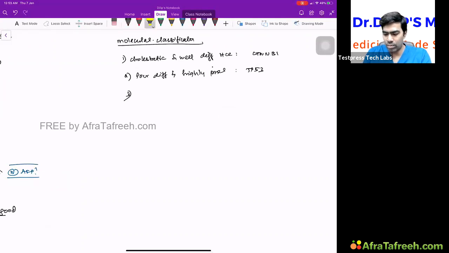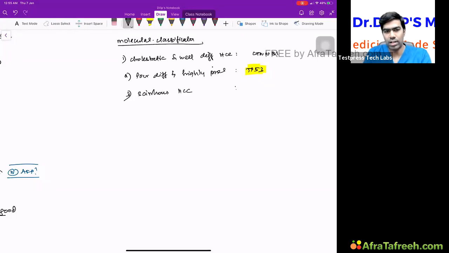Remember, for example, aflatoxin-related HCC is very poorly differentiated because of TP53 mutations. And we have something called serous hepatocellular cancer, serous HCC, which is due to mutation of the tuberous sclerosis genes, TSC1 and TSC2.